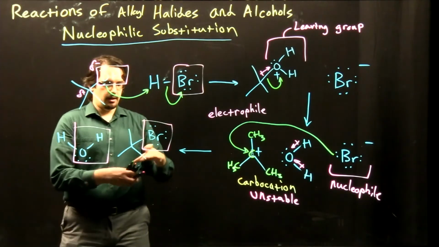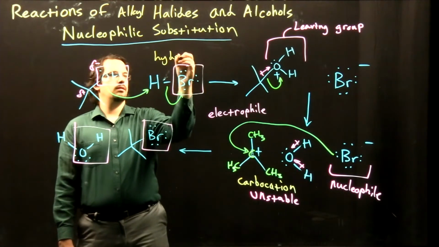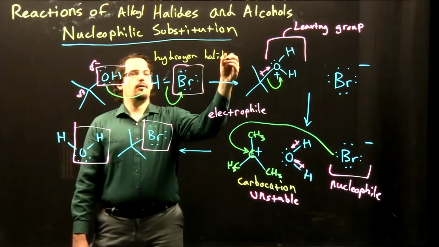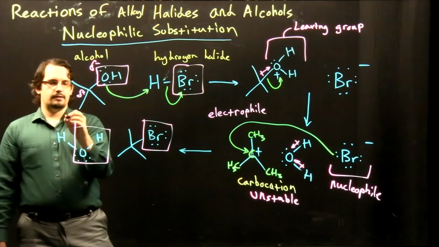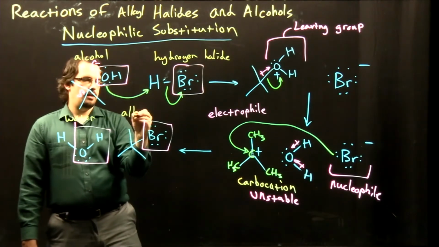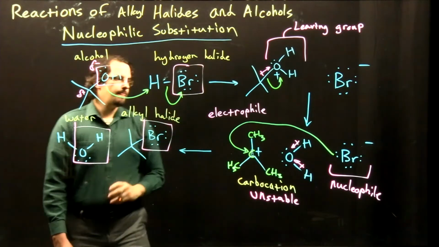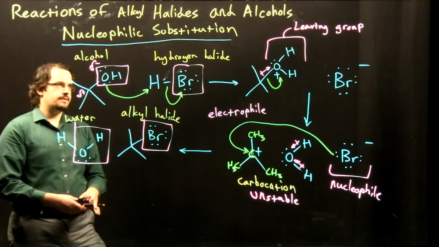So again, we go from our hydrogen halide and our alcohol. Then we react to produce our final products of the water and our alkyl halide. This reaction occurs in 3 distinct steps.